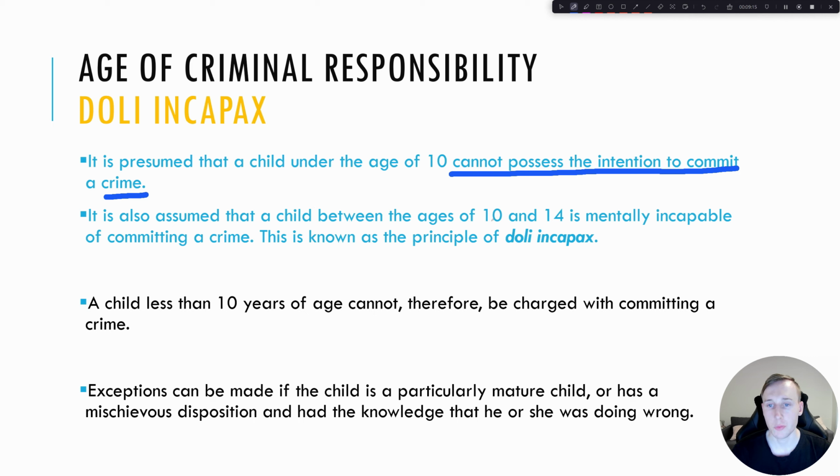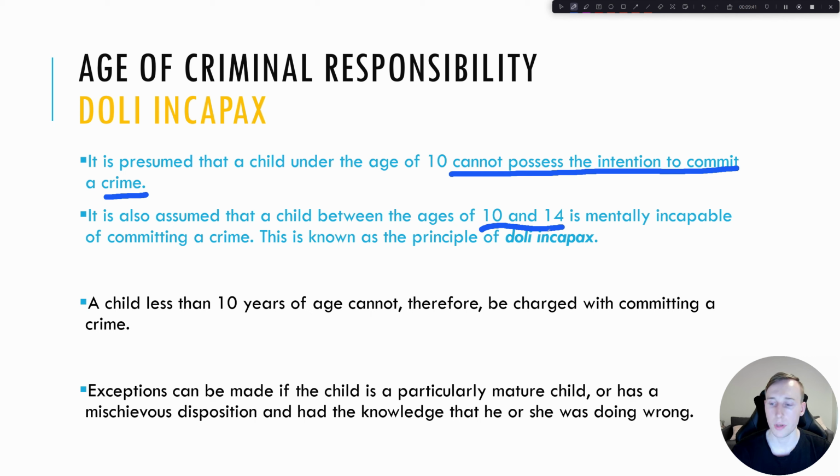When a child is between the ages of 10 to 14, they're seen as under the principle of Doli Incapax. What that means is that we need to assess them on a case-by-case basis. So in conclusion, anyone under the age of 10 cannot be charged with a crime because they're seen as not being able to possess intention.